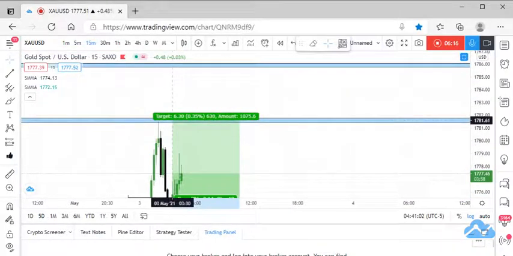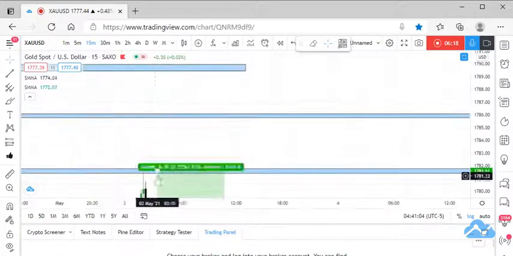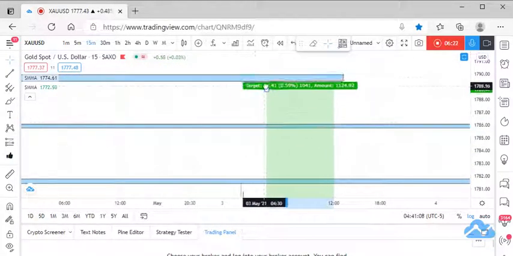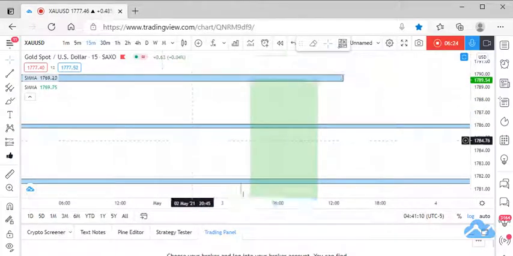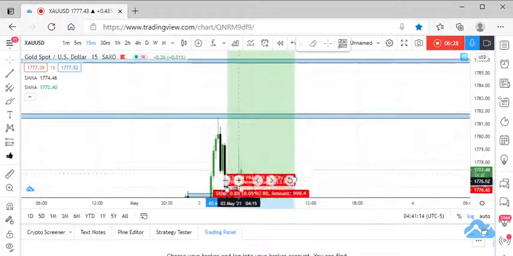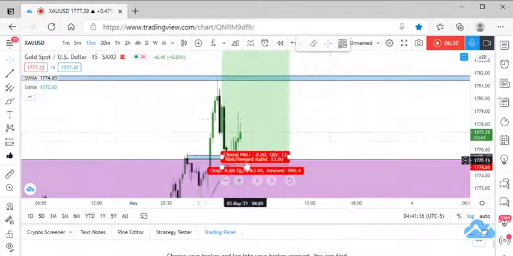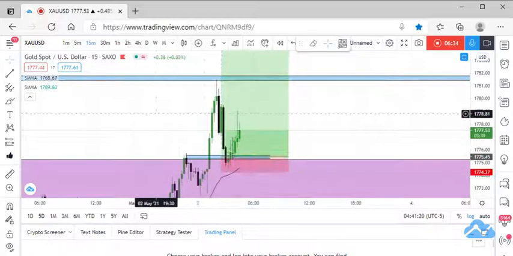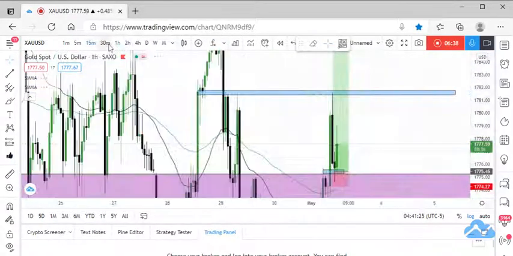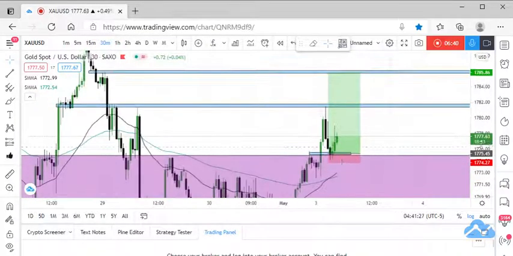First target would be these highs. Second target would be these highs. Third target would be in this area. And I got my targets off of, I want to say, the 30 minutes.